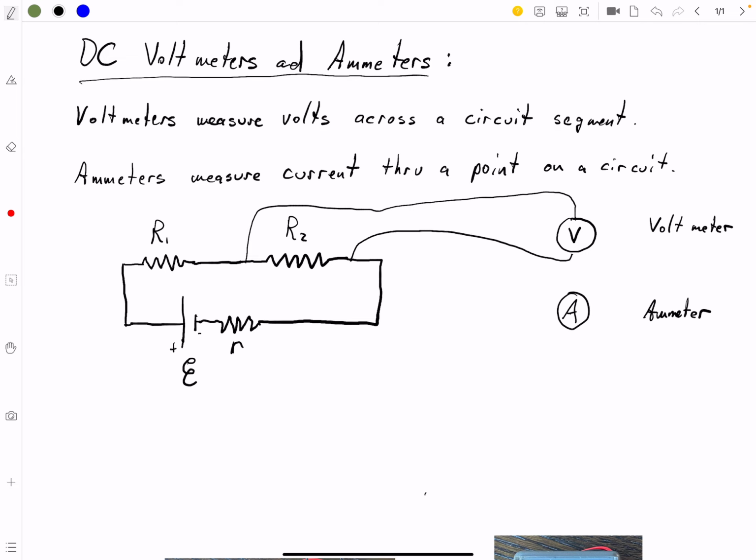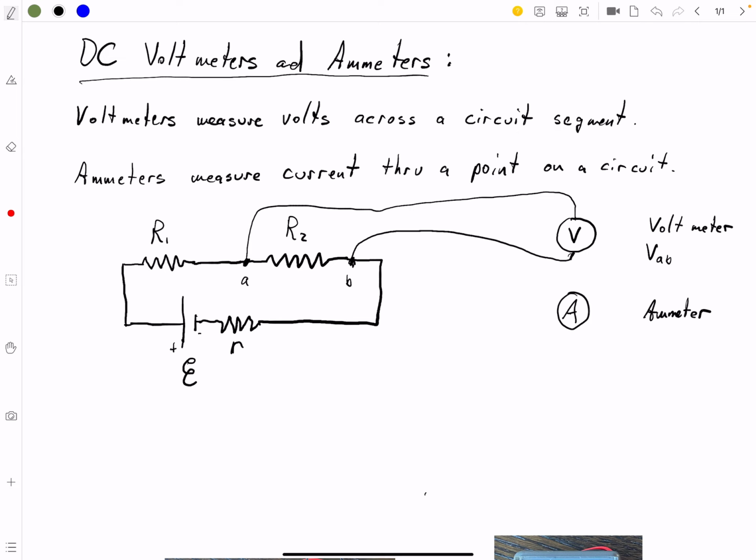And we'll go like this, or vice versa, positive, negative. As we do that, this voltmeter will tell us the voltage drop between this point and this point. We can call this A and this B. And we'll get a certain measurement of V_AB.